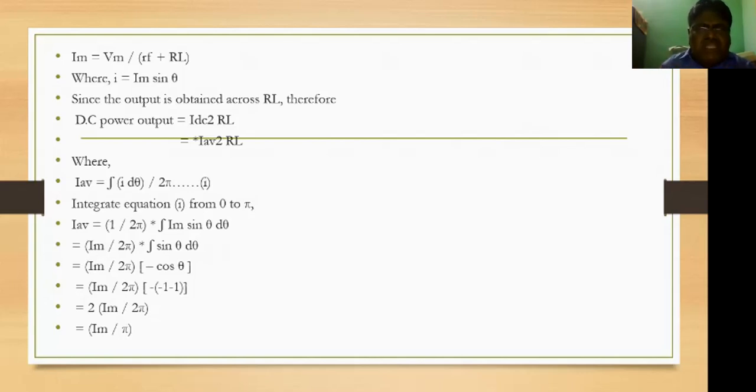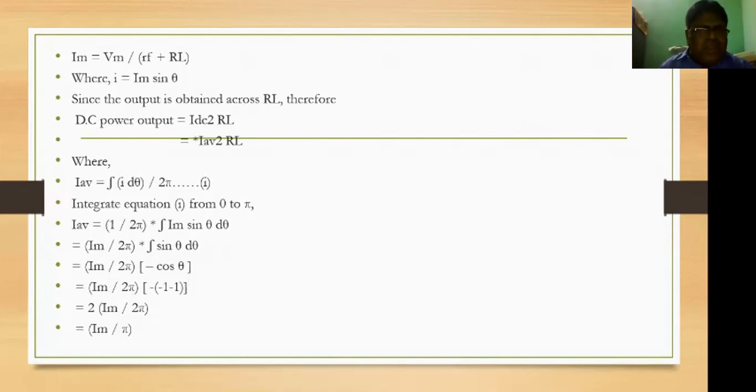Integrating the above equation from 0 to pi, that is 1 by 2 pi into the integral of Im sin theta d theta. I equal to Im sin theta. In the place of I, you substitute Im sin theta.